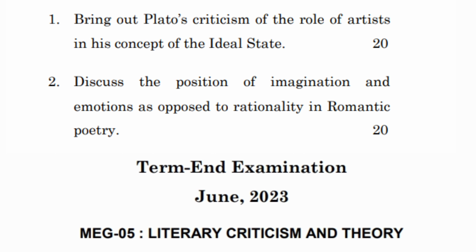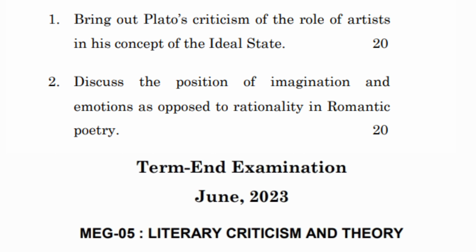As we have studied in our lectures, Plato's ideal state considered artists and their works as impediments or obstacles to the pursuit of philosophical and moral ideals. Plato viewed art as an imitation of an imitation, thus twice removed from reality. I suppose you remember this concept? Yes.